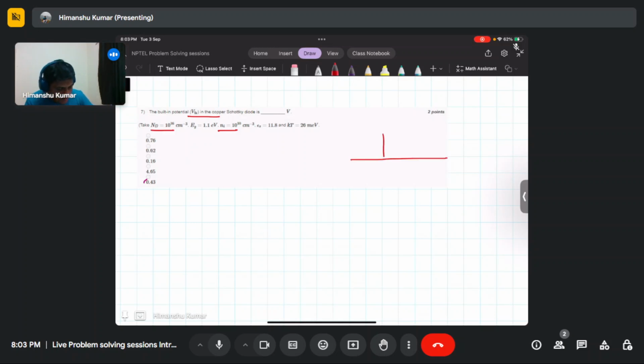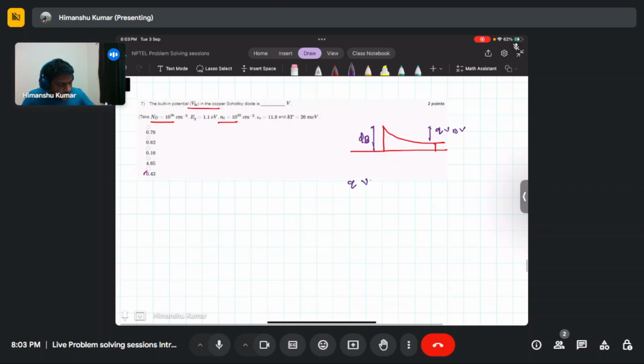If you draw this, this is the barrier phi b, and the band bending is q times phi bi, plus Ec minus Ef.